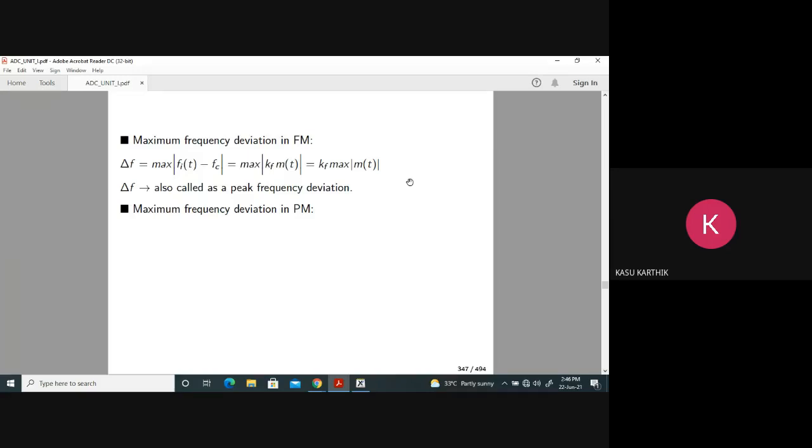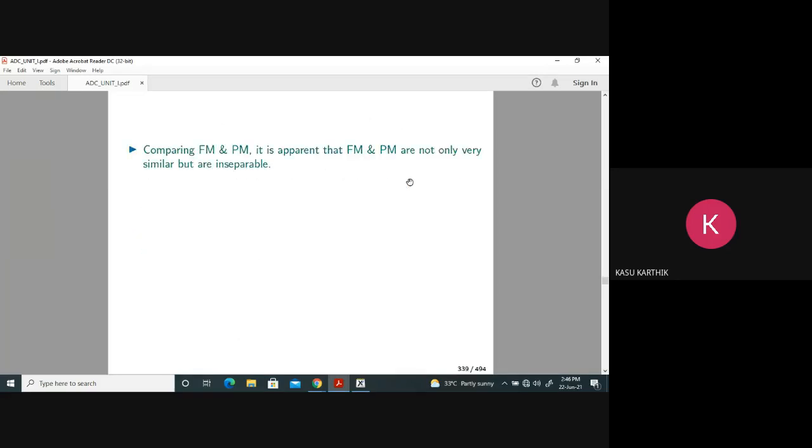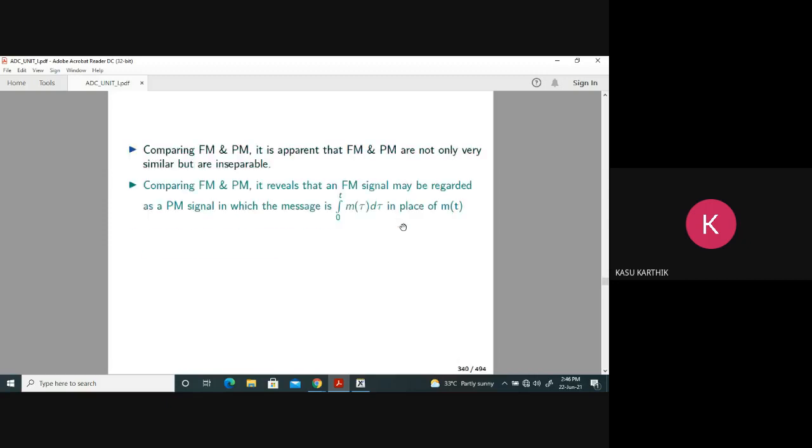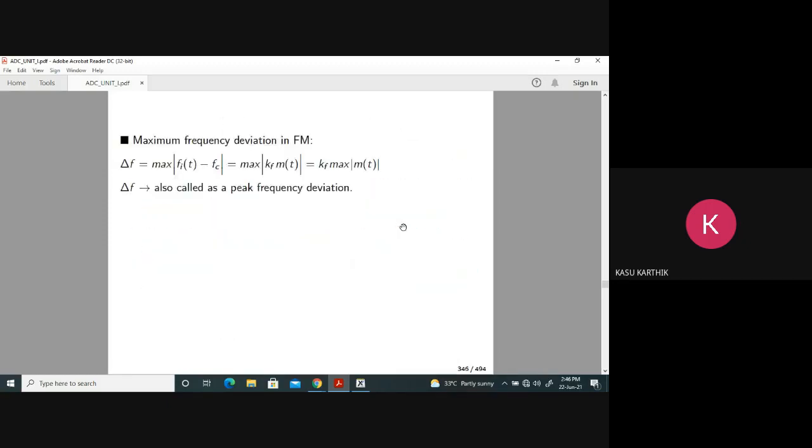Now in PM, what is Fi of t minus Fc? It is Kp by 2 pi m dash of t. So the maximum is Kp by 2 pi times the maximum of m dash of t.